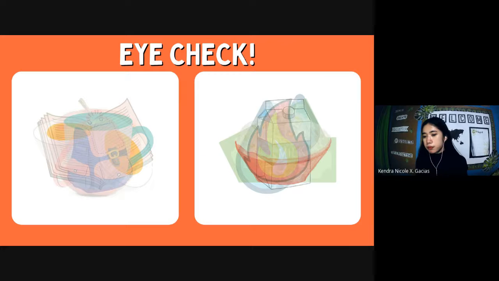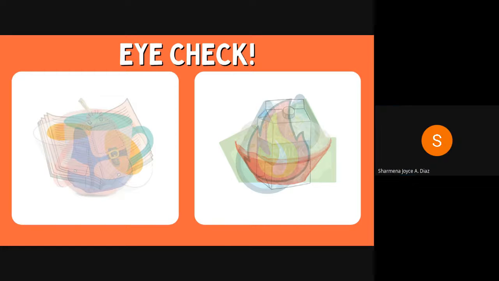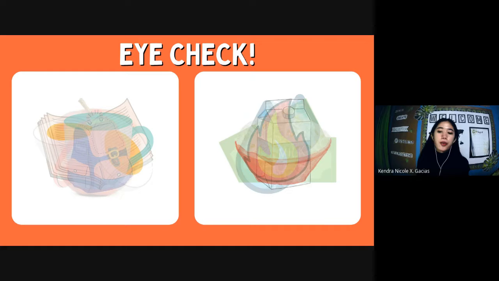Got it, girls? Got it, ma'am. Noted, ma'am. Okay. So once you are done, you will recite the objects that you have listed, and we will check if the pictures you were able to list are correct. Okay, is that clear? I hope that everything is clear. So there you can start.